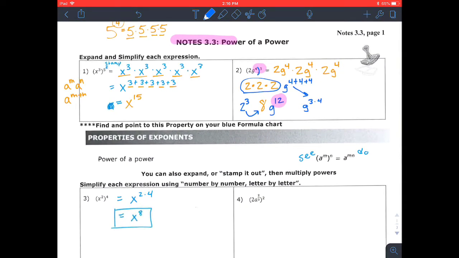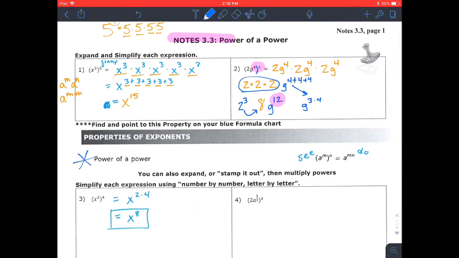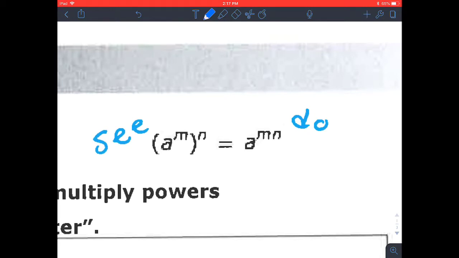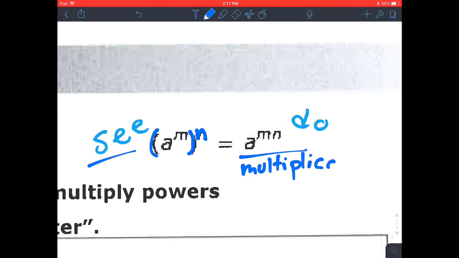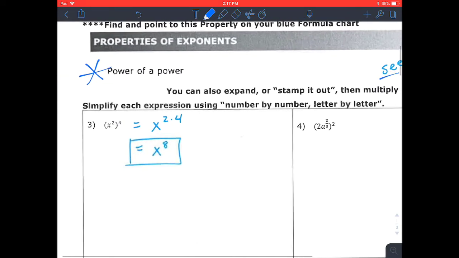And since you have your blue formula card in front of you, you can see on it, power of a power: when I see an exponent raised to another power, smushed together like that, it's telling you to multiply. So when I see an exponent outside with parentheses, then I'm going to do multiplication.